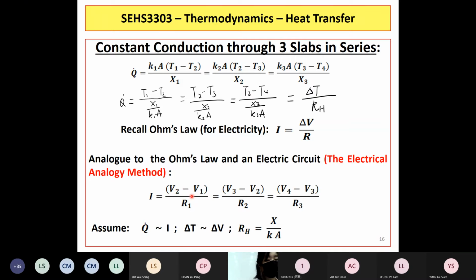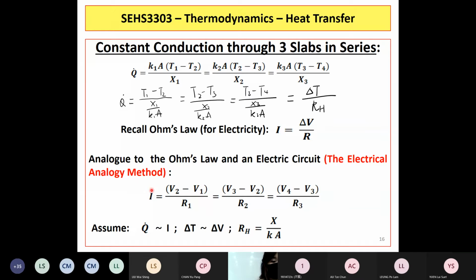Through the electric circuit, the current is the same. The current flows through different resistors, and the voltage will drop.